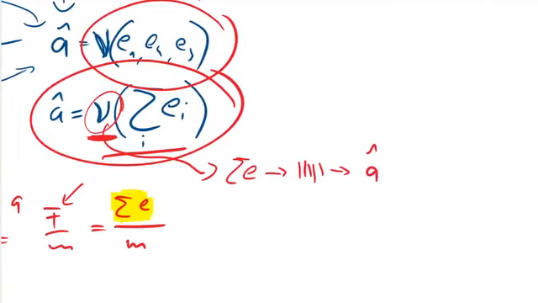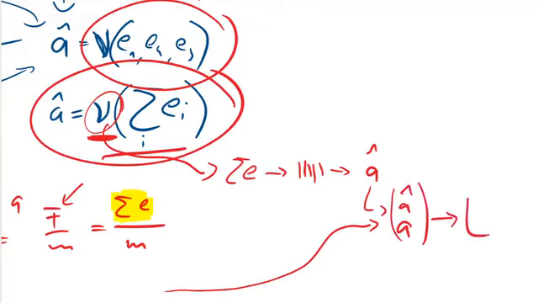And now, from the data set, we know the true acceleration, right? Since we have a data set, we have the observations and the labels. The labels are the true accelerations of that system that we observed. Then we can compute a loss function right here.